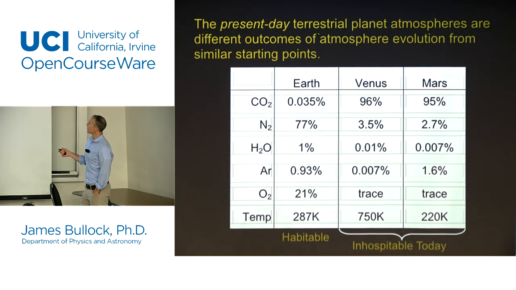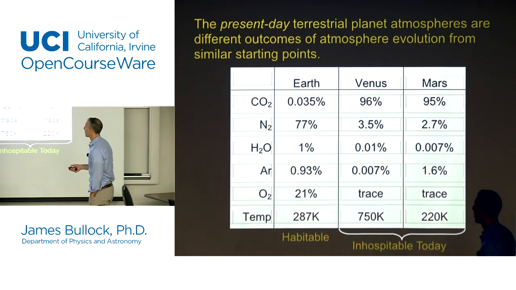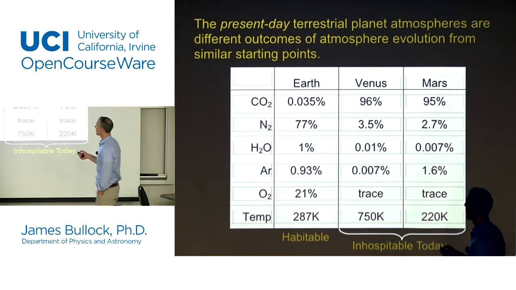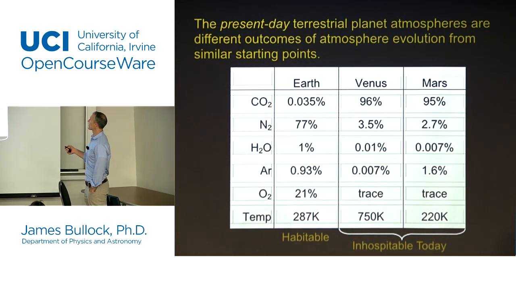So the amazing thing is that if you look at the present-day terrestrial planet atmospheres, they're vastly different outcomes from basically very similar starting points. The Earth's carbon dioxide content is only 0.035%, whereas Mars and Venus are basically all carbon dioxide.